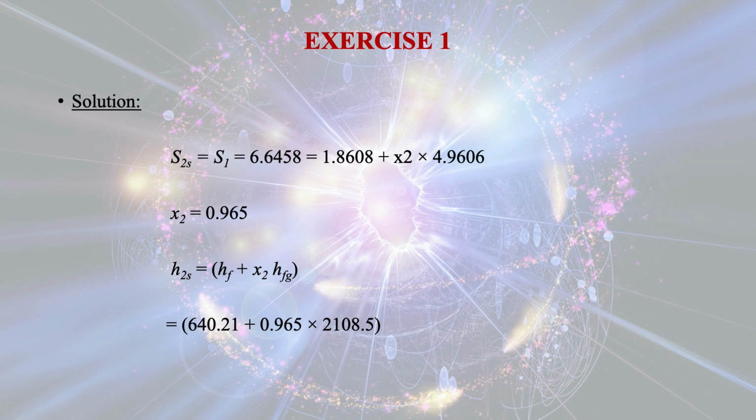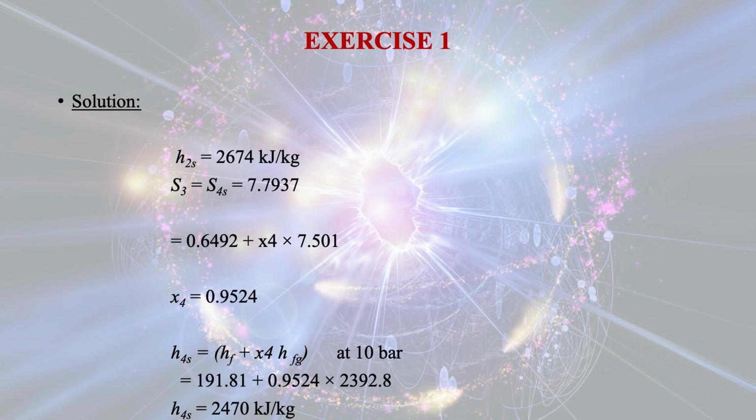You can calculate H2S. After calculating H2S, you can calculate the dryness fraction at point 4, and after that you can calculate H4S, because at 10 bar you get all the information with regard to HF and HFG from the steam table. So H4S is equal to 2470 kilojoule per kg.